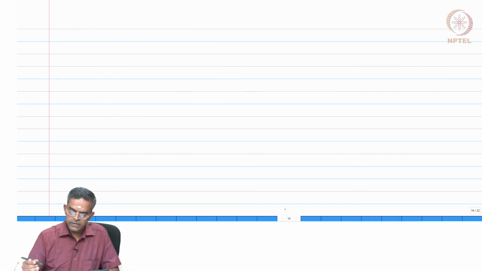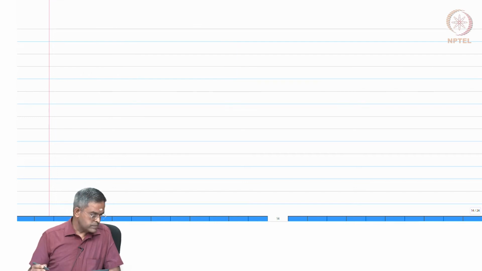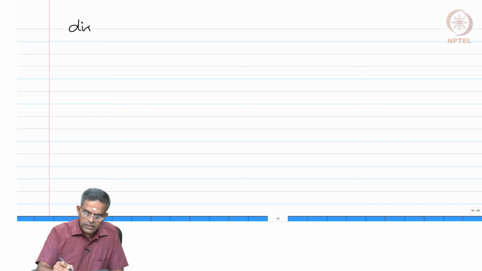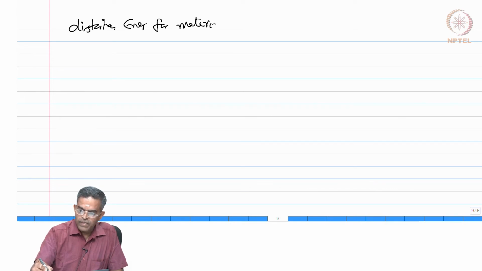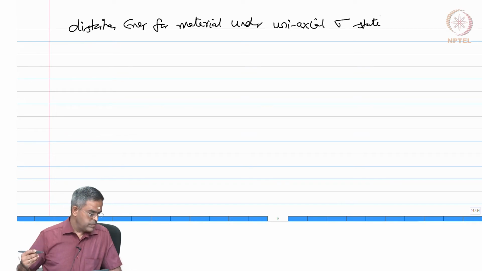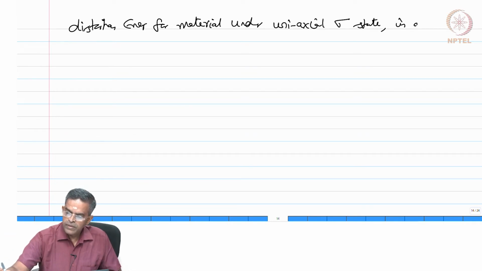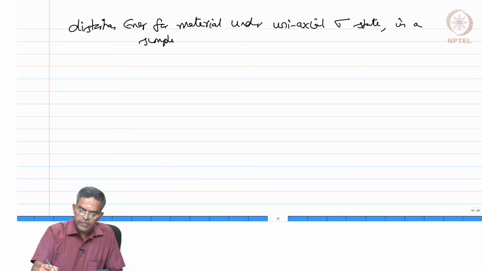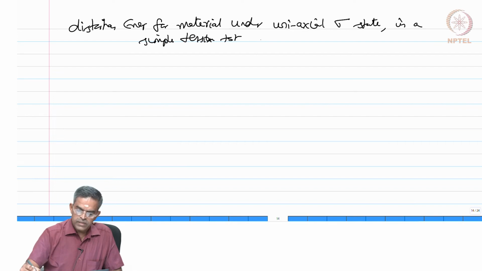Now, having said this, distortion energy for material under uniaxial stress state in a simple tension test is given by the following expression.